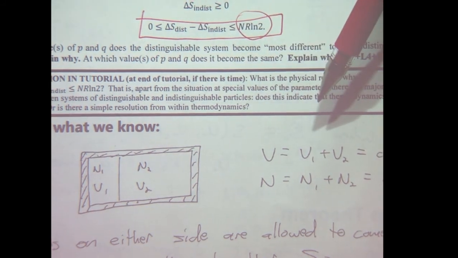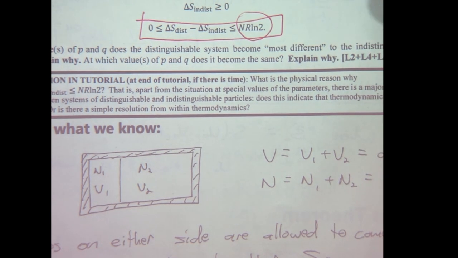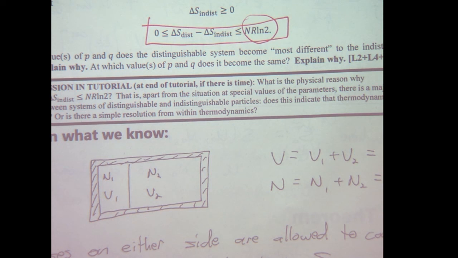Professor, you said before that if the volumes are equal, then we'd have 0 as a difference. For which case? The indistinguishable case, yeah. Is it because the system is entirely symmetric, almost like this side is exactly the same as that side? So there's something to do with symmetry. Yes, there's another completely different explanation where you bring in symmetry, a permutation symmetry, as in if you interchange two.